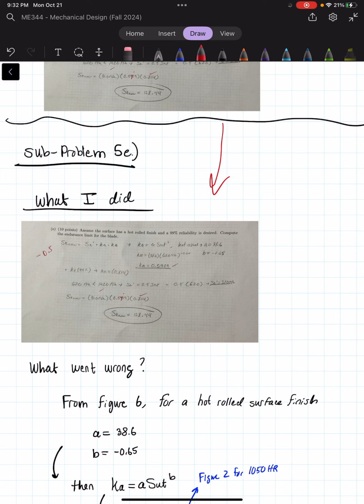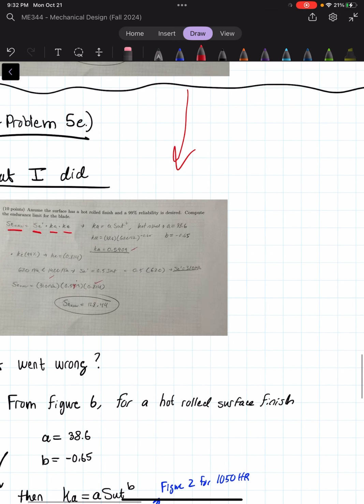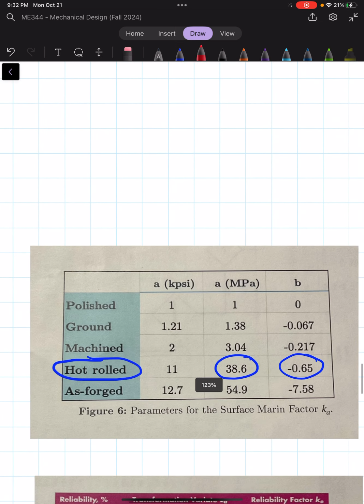So for problem 5E, what I did initially is I set up the problem correctly. I knew that Se would be the product of Se prime times the Ka Marin factor times the Ke Marin factor. I went to figure 6 for hot rolled.